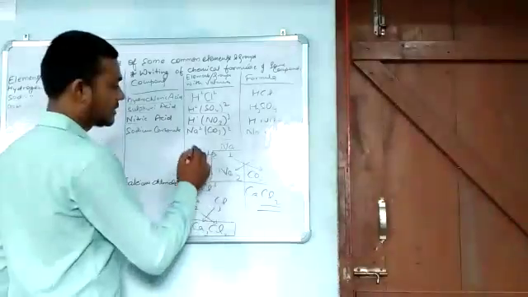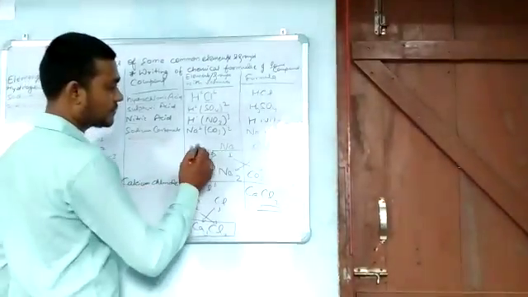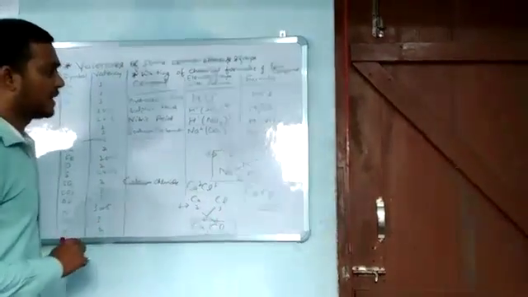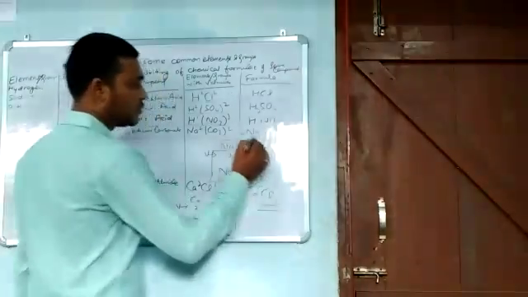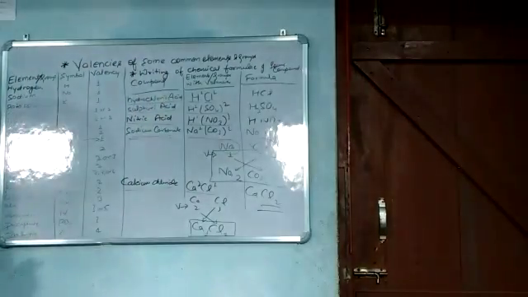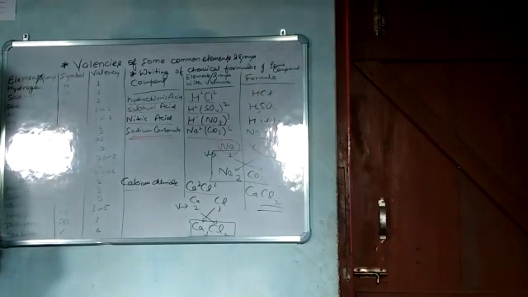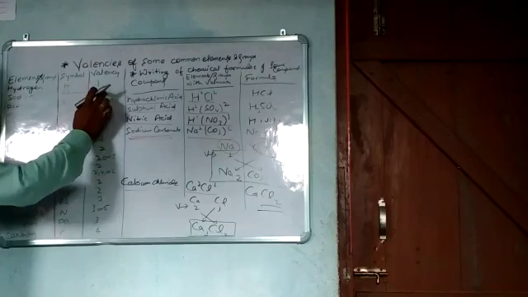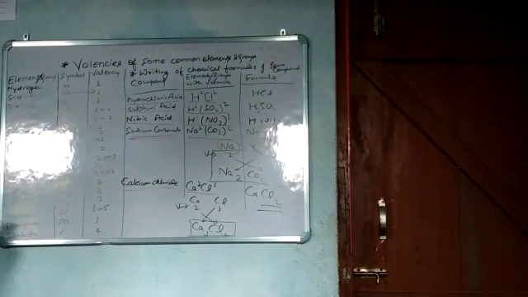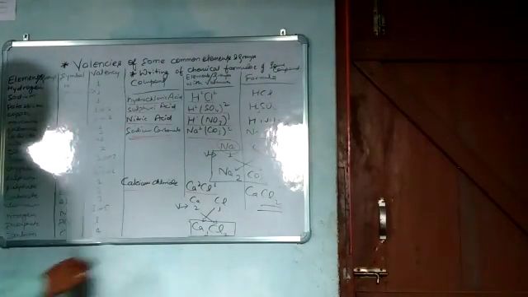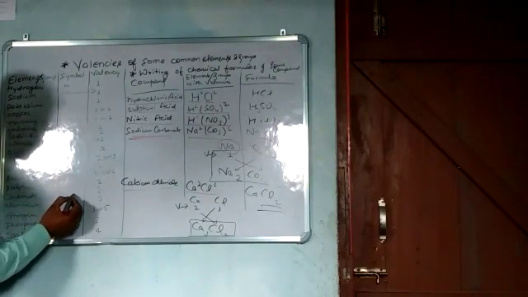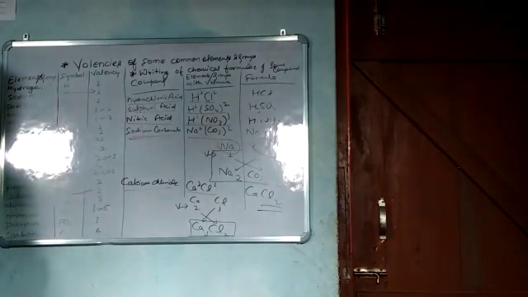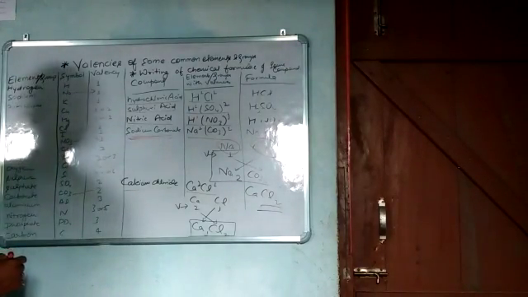Like let us see for example sodium carbonate. Sodium carbonate has two parts: first is sodium and second is CO3. We know that sodium has valency 1, and carbonate CO3 has valency 2.